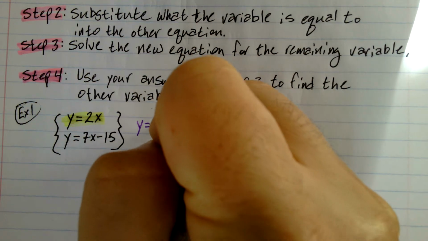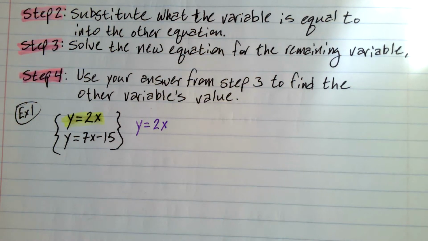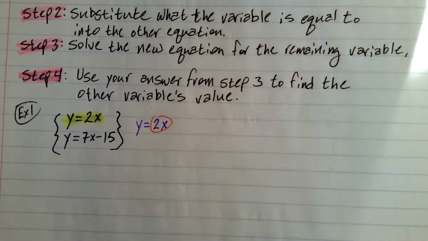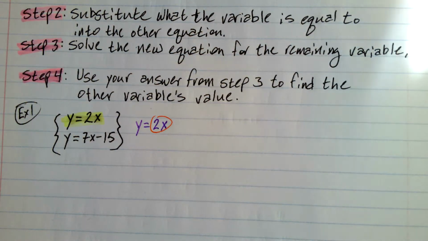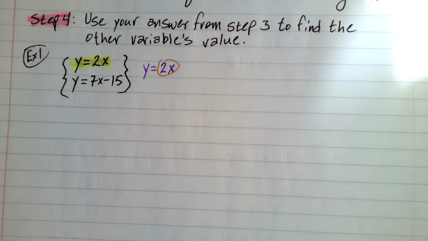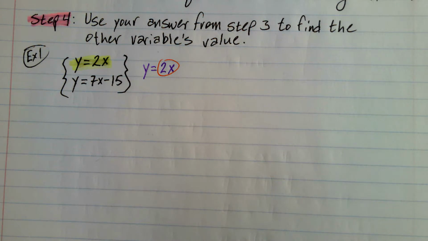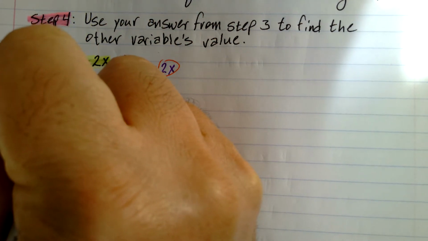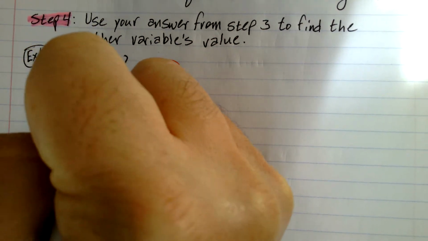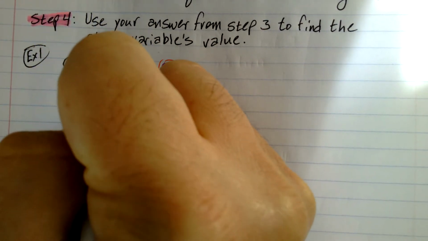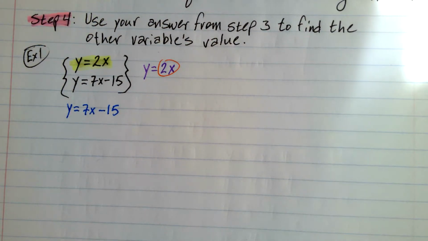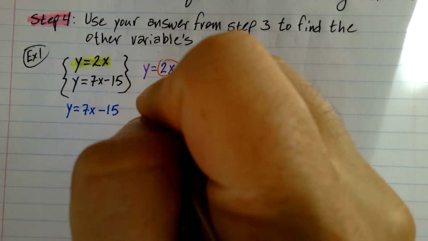Y equals 2x. The reason is it equals just one term, 2x. So I'm going to show my work here. I'm going to write down the other equation again, y equals 7x minus 15, so I can show you the substitution.